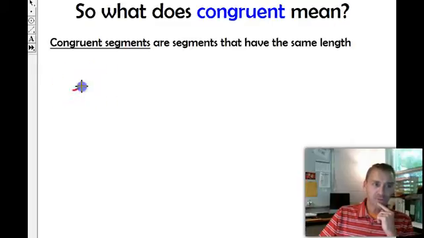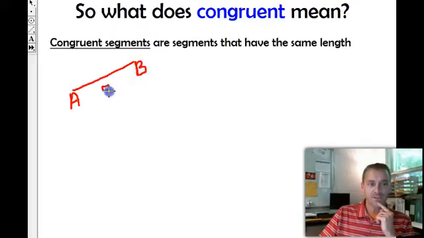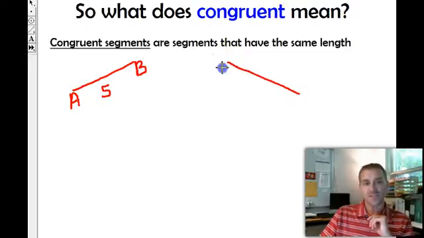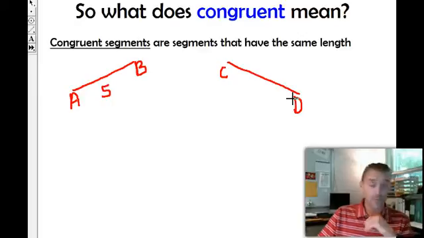So if I drew a segment like such, and I labeled this as A, and this over here is B, and I said, hey, that segment right there happens to be 5 inches, or 5 miles, or 5 centimeters, whatever, it doesn't matter. And then I have another one over here that is CD. And I happen to measure that with the same ruler or same yardstick or whatever, and it comes out to be exactly the same.